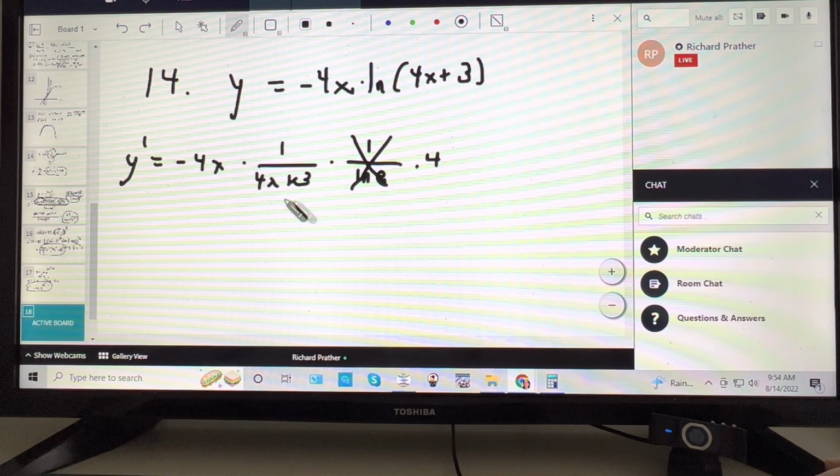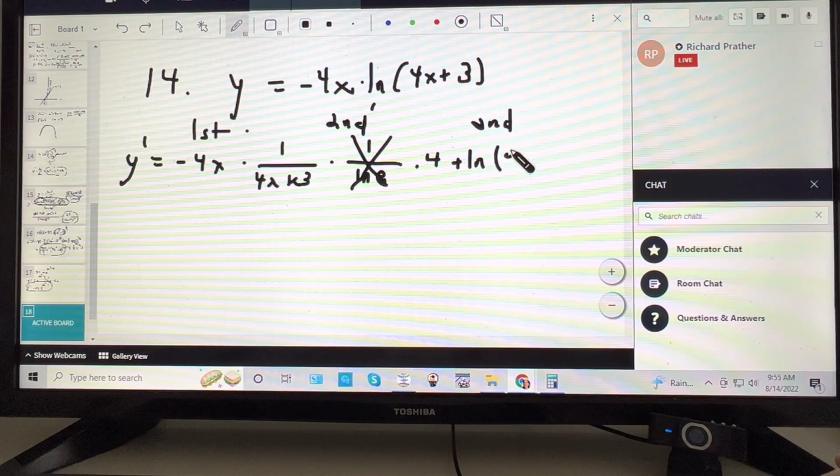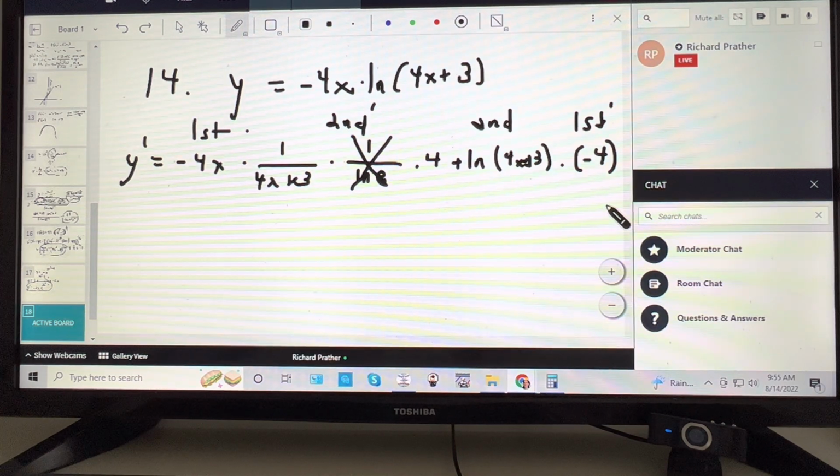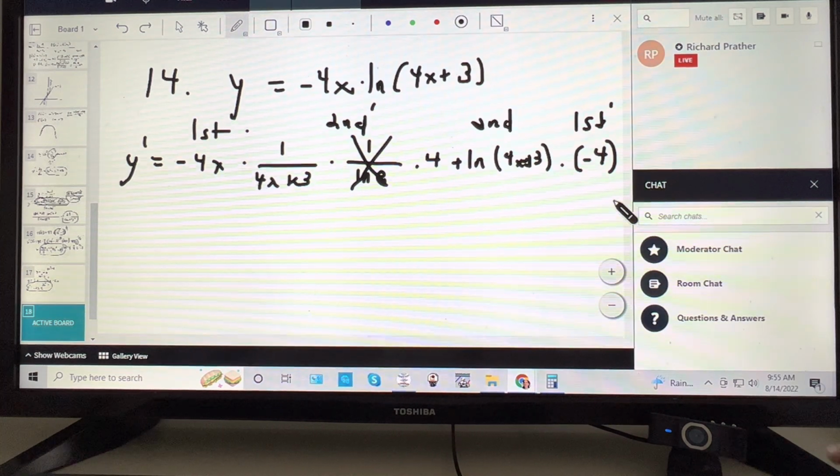So this whole part right here, that's first times derivative of the second, plus second times derivative of the first. And that would just be negative 4 since it's a linear piece. And the product rule does not have a divided by, that's the quotient rule.